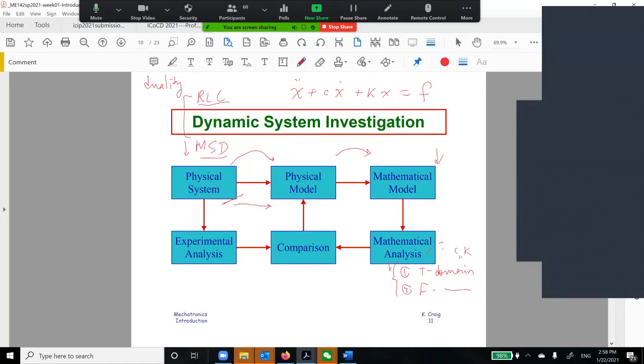Then when you see the behavior, and you also have behavior from the real physical system, you can compare it with the physical system behavior. So you do this comparison. Time domain, frequency domain.